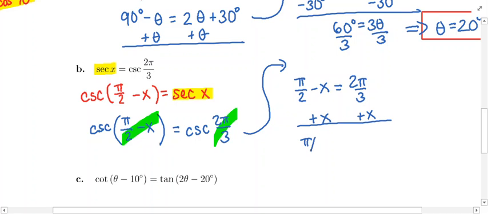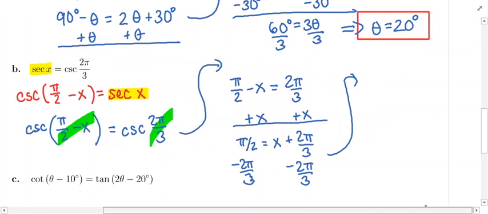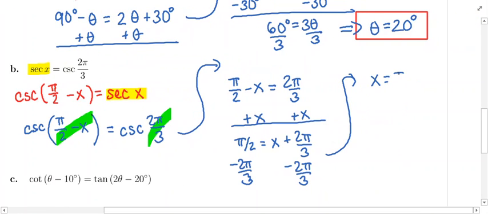So pi over 2 is equal to x plus 2 pi over 3. I'm going to subtract 2 pi over 3 from both sides. And now I'm going to get that the value of x is going to be pi over 2 minus 2 pi over 3. So let's combine this into one number.